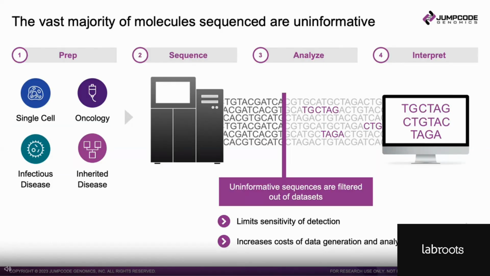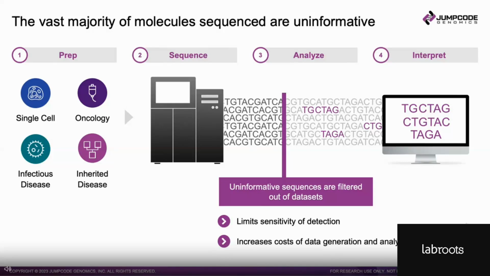So the question we might have is, why use the Jumpcode depletion kit? Well, the answer is simple: the vast majority of molecules sequenced in many NGS applications are uninformative. These uninformative molecules are found in single-cell data, oncology sequencing data, infectious disease sequencing data, and inherited disease sequencing data as well.